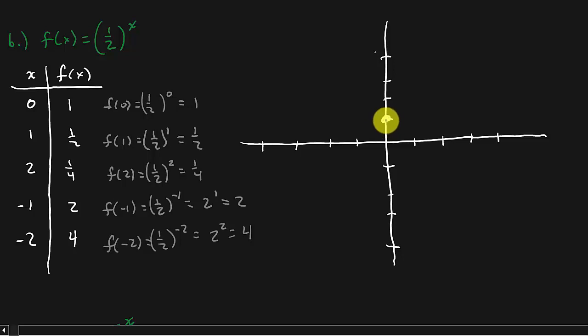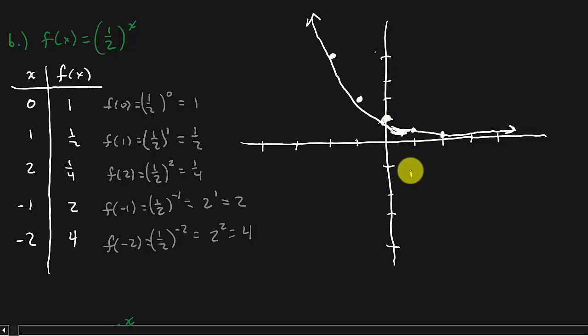So we've got (0, 1), (1, 1/2), (2, 1/4), (-1, 2), (-2, 4). And so this is our graph, all right, so there's your graph.